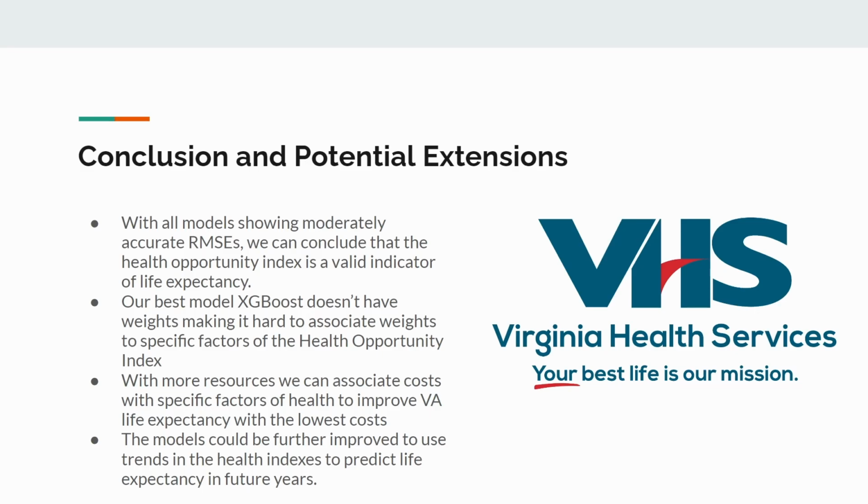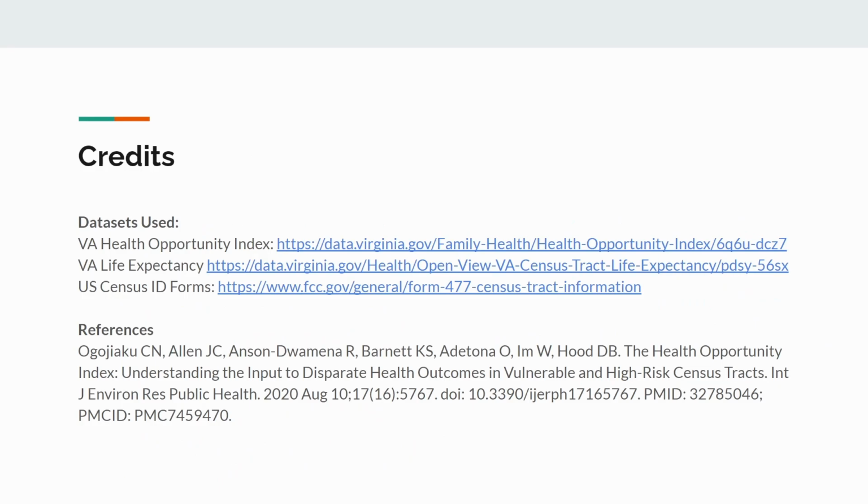These models could be further improved to use trends in the health indexes to predict life expectancy in future years. And these are the datasets we used. We had one for Virginia Health Opportunity Index, Virginia Life Expectancy, and US Census ID forms.